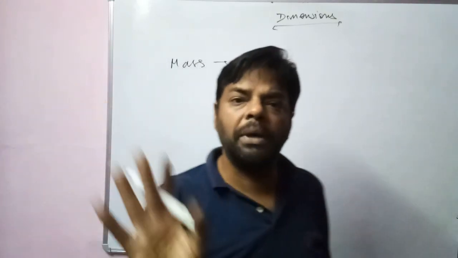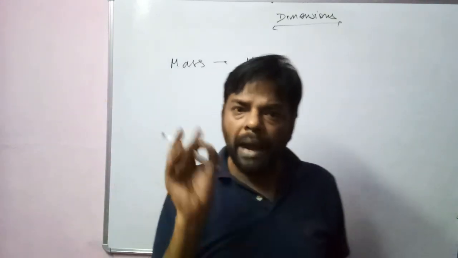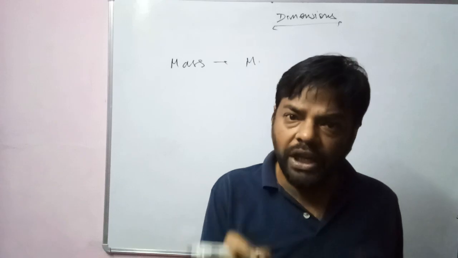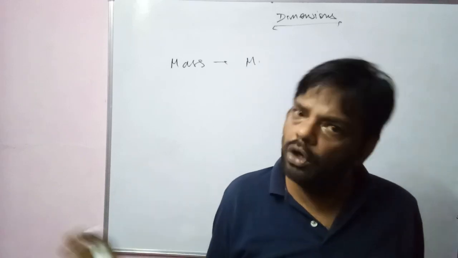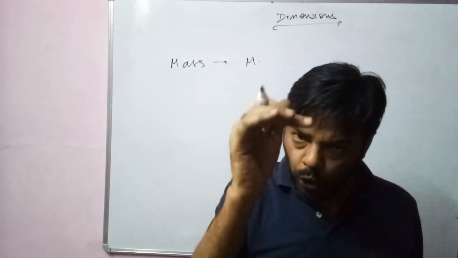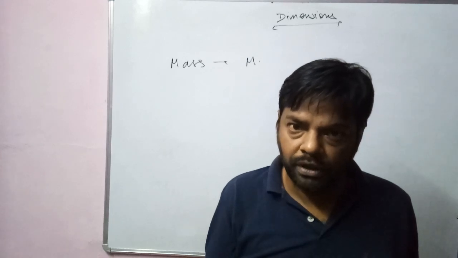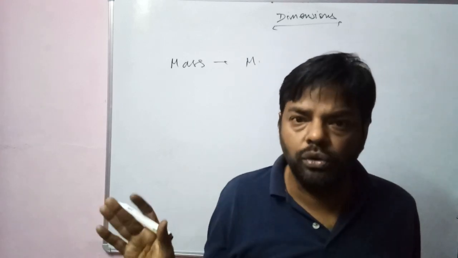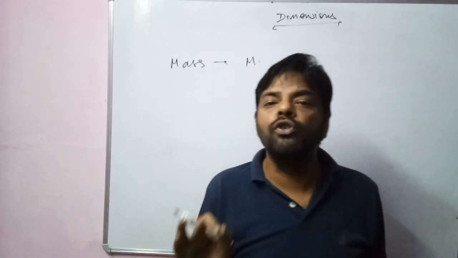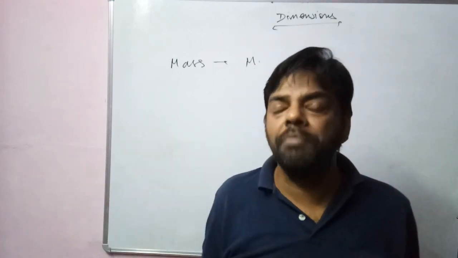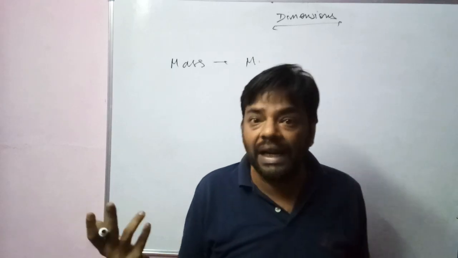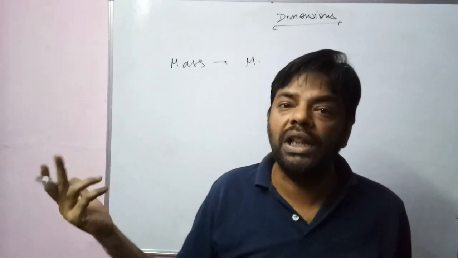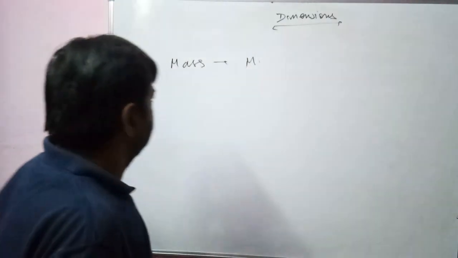Capital M symbolically is the unit of mass. So in today's lecture, the unit of mass is M for you. We are not going to use defined units of mass like gram, milligram, kilogram, ton, quintal. Okay? There is no need.